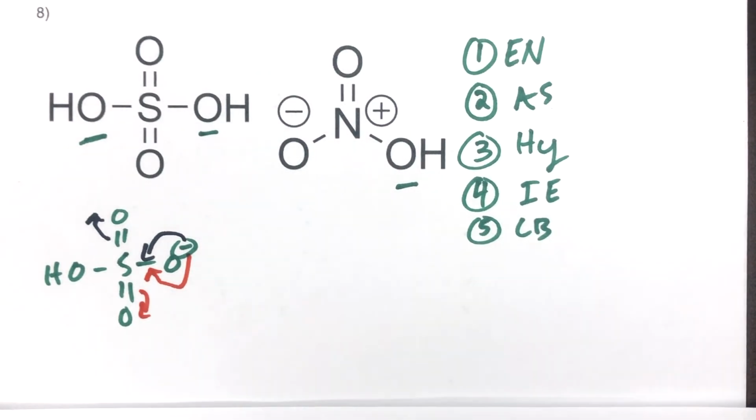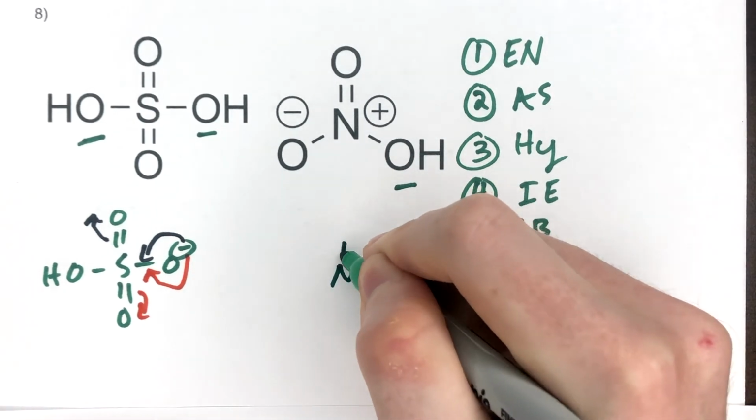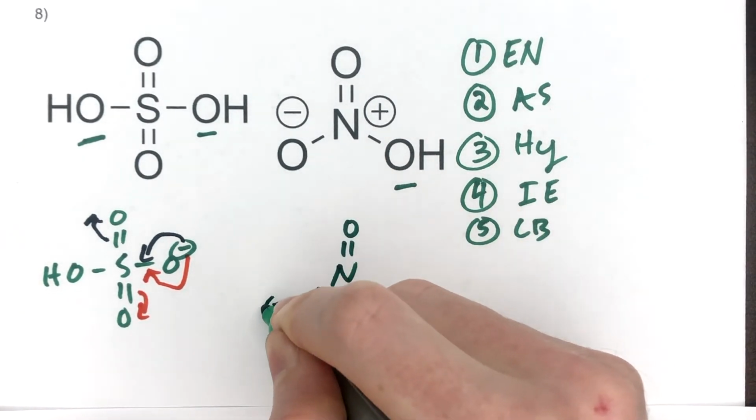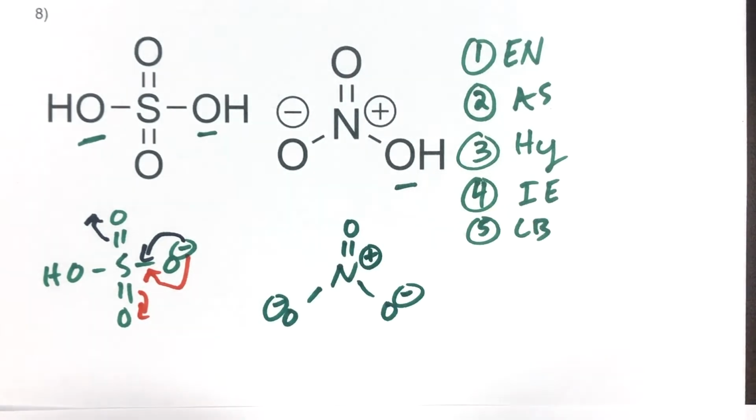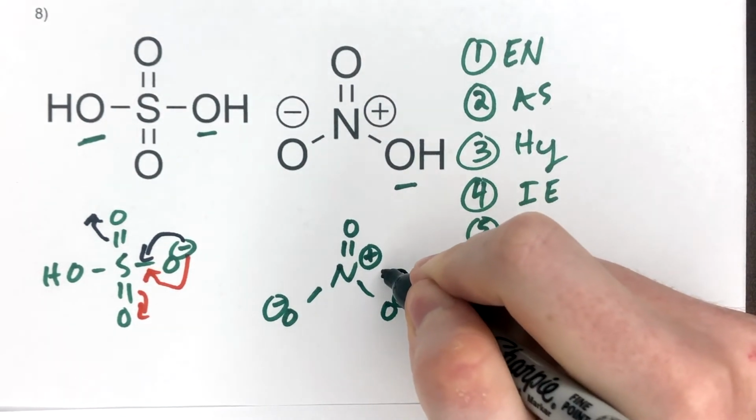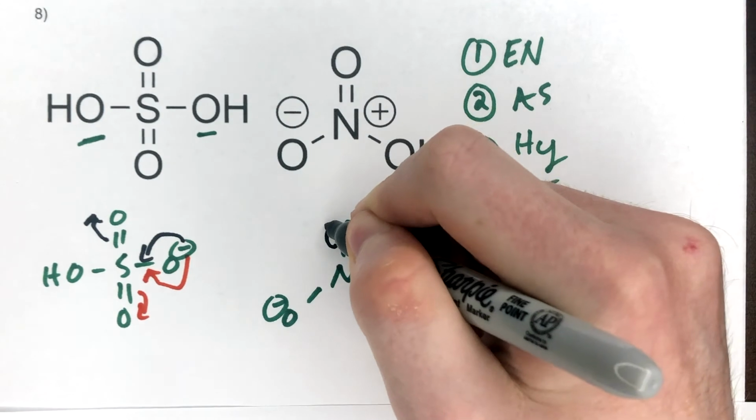Now, if you look at the nitric acid conjugate base, you have this structure. And now again, there's only one resonance structure here. This one.